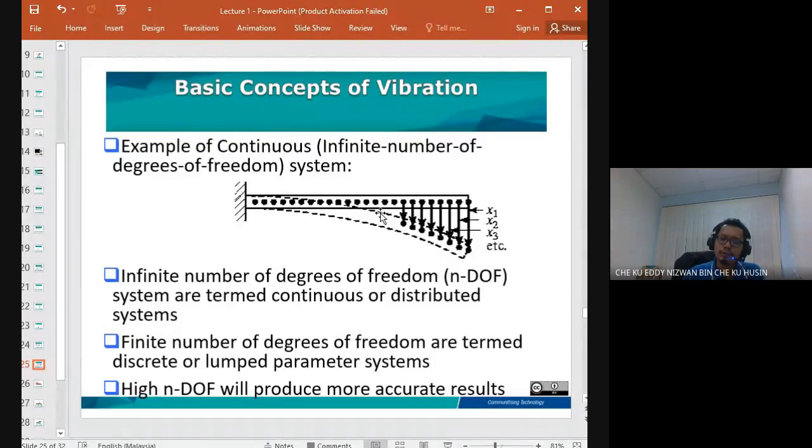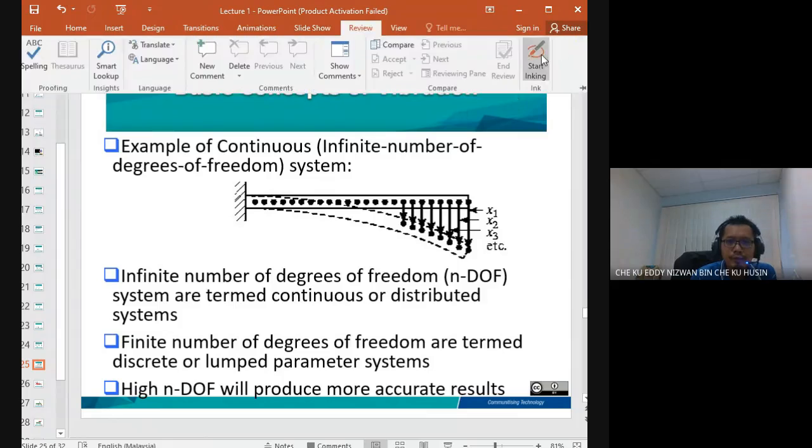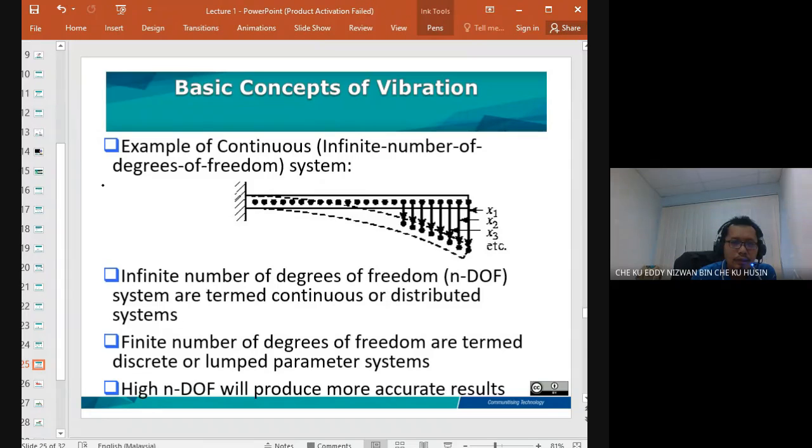For example, with this kind of beam, it can bend like this, the first bending mode, or you can bend like this, the second bending mode, then third bending mode, and so on. Every mode has its own natural frequency.